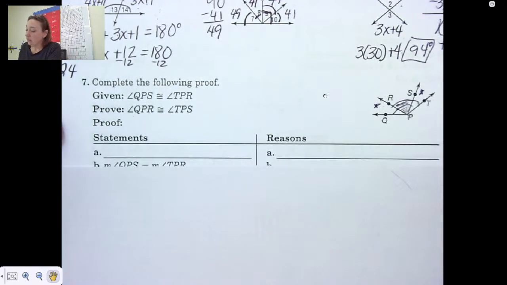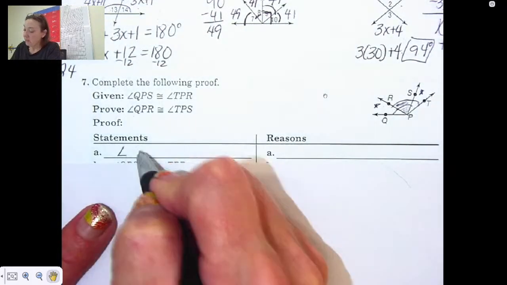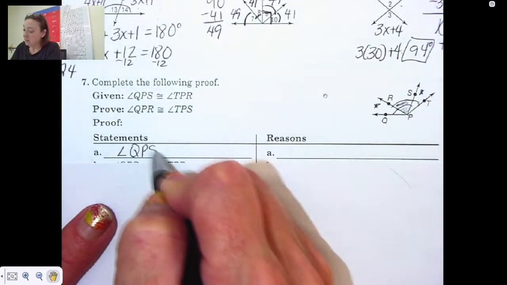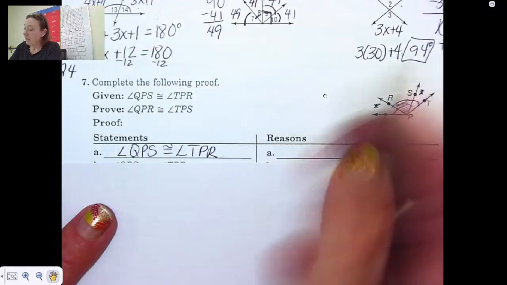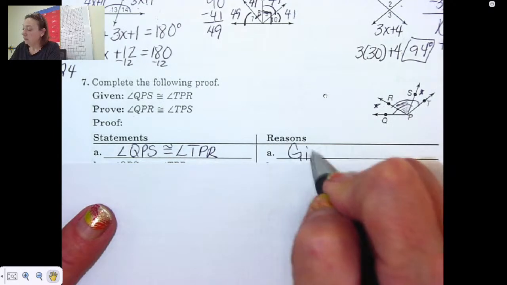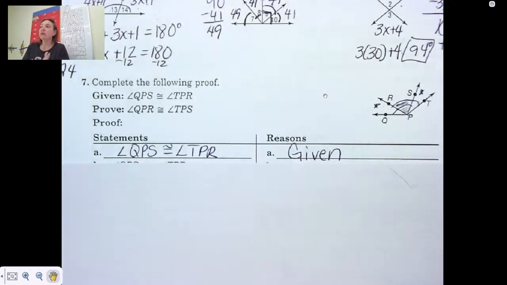So what do you always start a proof with? What did we start with yesterday? The given. So what did they give us? Well, they said that angle QPS is congruent to angle TPR. And how do we know that? It's given. So we're just going to put given there.